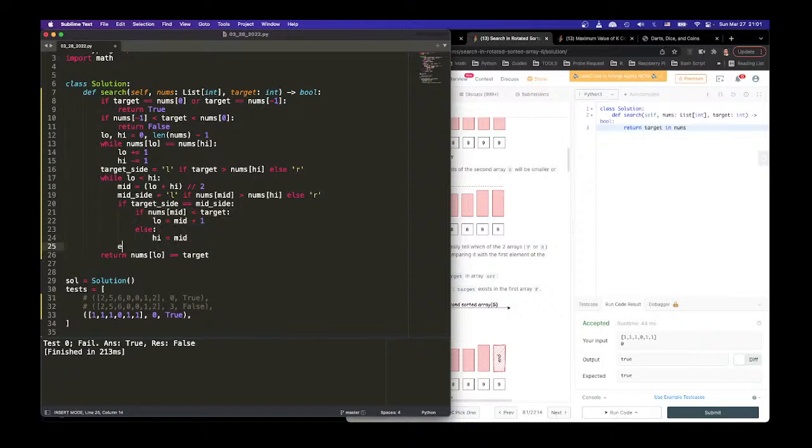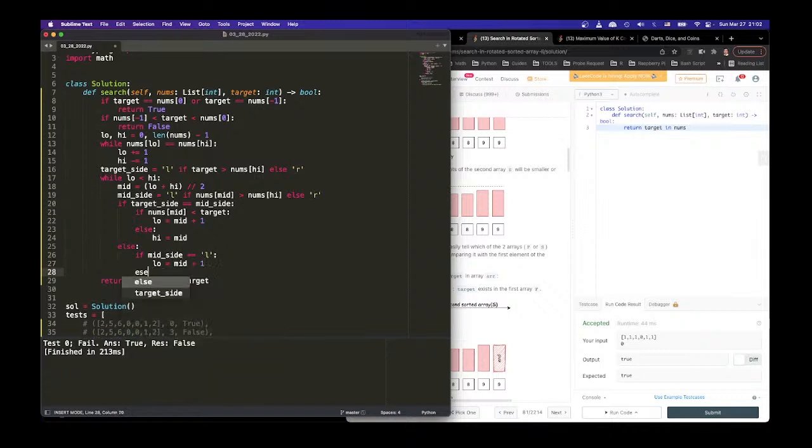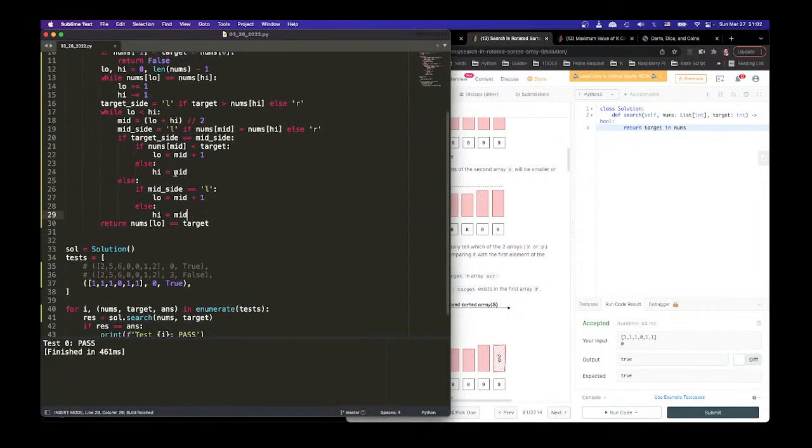If they're not the same, then we say if target side is not the same, if mid side is on the left, then we can move to the right, then we say low equals mid plus 1, else high equals mid. Okay?